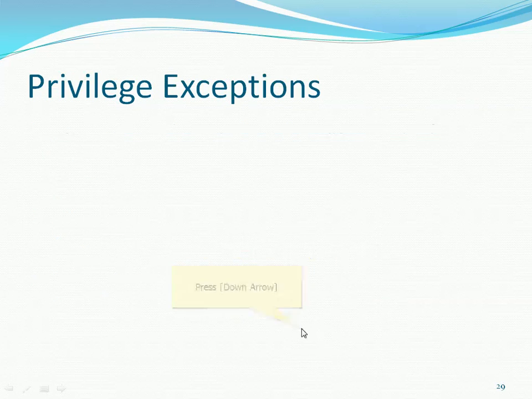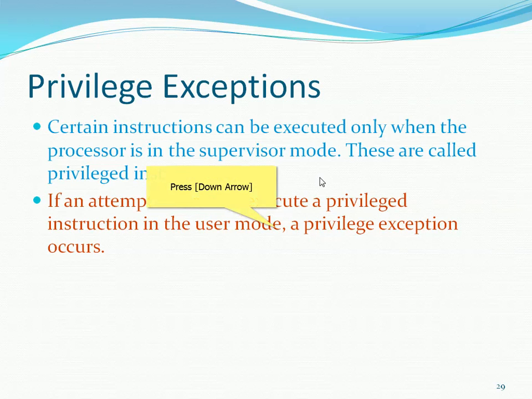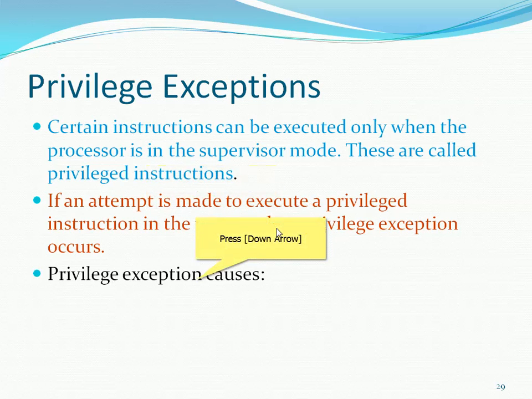The privilege exceptions I mentioned: certain instructions can be executed only when the processor is in supervisor mode. These are called privileged instructions. If an attempt is made to execute a privileged instruction in user mode, a privilege exception will occur. It denies that.